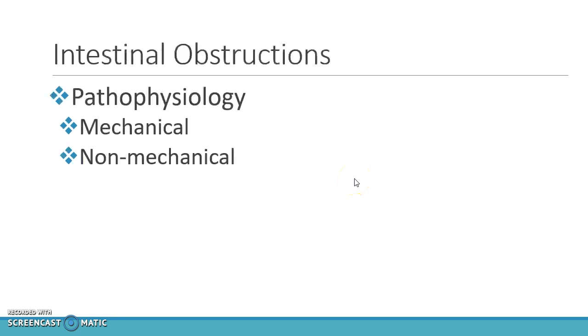Intestinal obstructions, the pathology, there's two classifications. One is mechanical or non-mechanical. Mechanical consists of adhesions in which scar tissue formation are from abdominal surgeries, malignancies, benign tumors, complications to appendectomies, hernias, fecal impaction, strictures developing from Crohn's disease or previous radiation therapy, intussusceptions, volvulus, fibrosis, and vascular disorders.